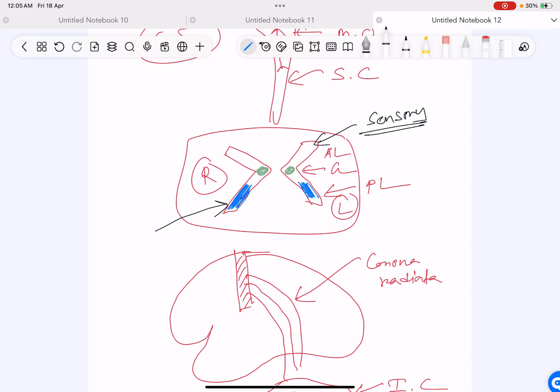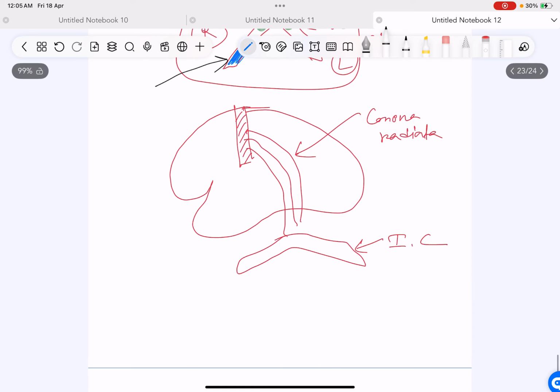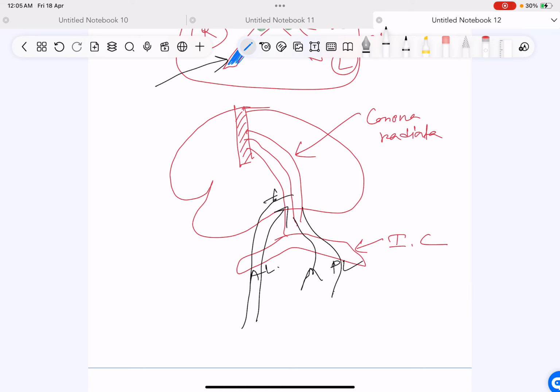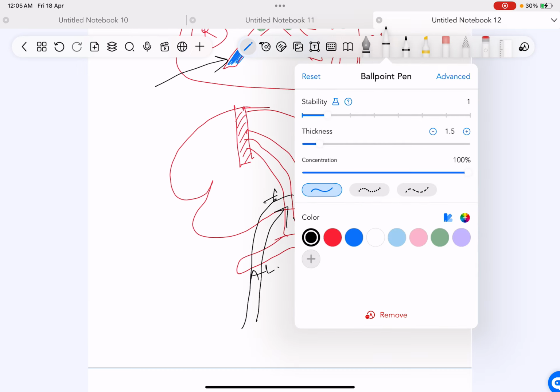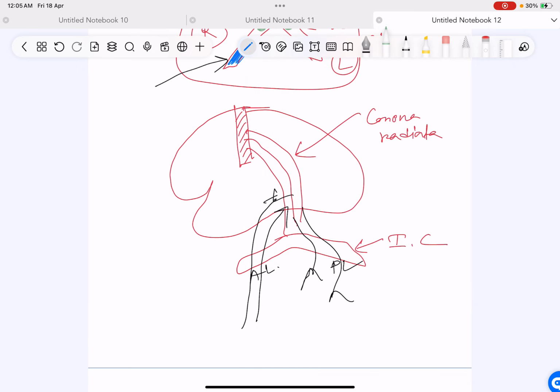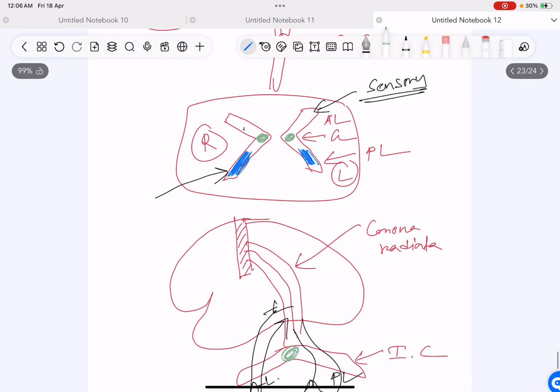This is the descending part, this is the ascending part. From the anterior limbs, signals go up, and from the posterior limbs signals go down. For the corticospinal tract, it is the posterior limb. For the corticobulbar tract, it is the genu part of the internal capsule. And sensory always comes from the anterior limbs.